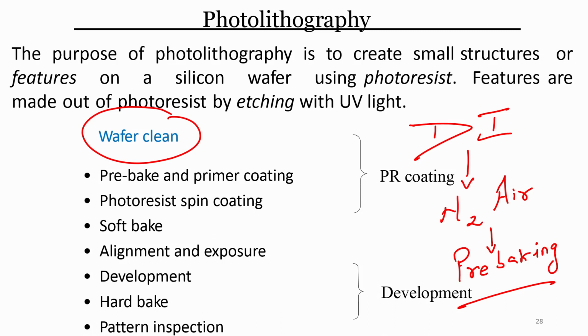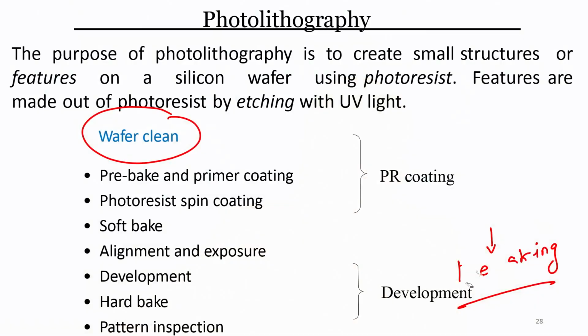So, what is the process? First you perform the HF dip, then you rinse the wafer with DI. After rinsing with DI, you dry the wafer with nitrogen. After drying with nitrogen, you pre-bake the wafer to remove any moisture. After this, your wafer is ready for photolithography.